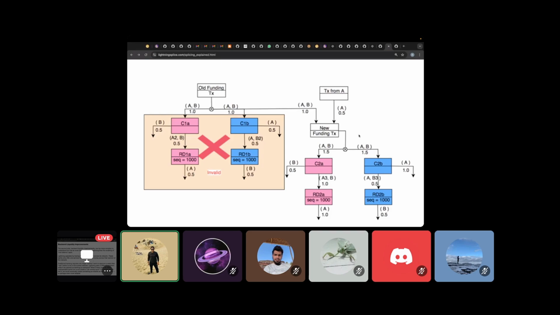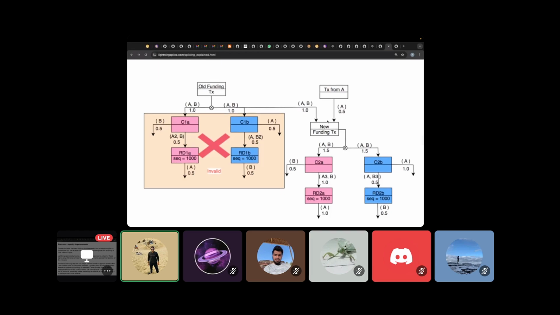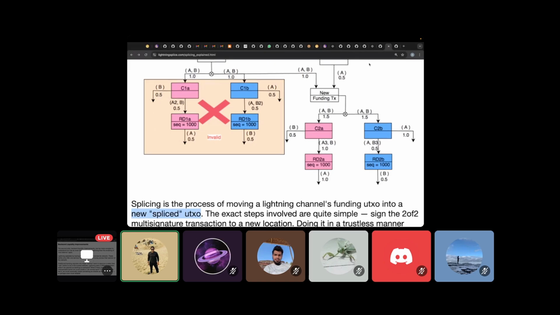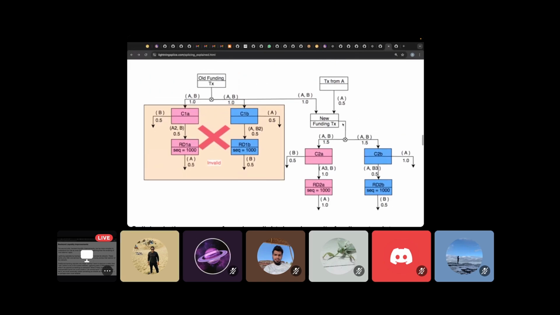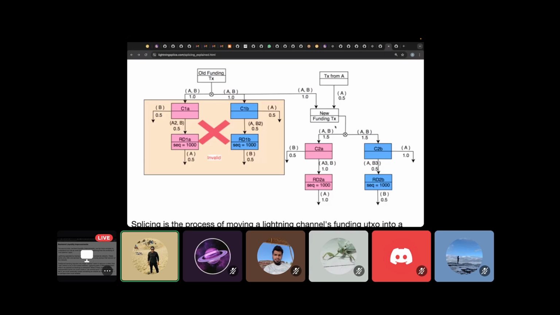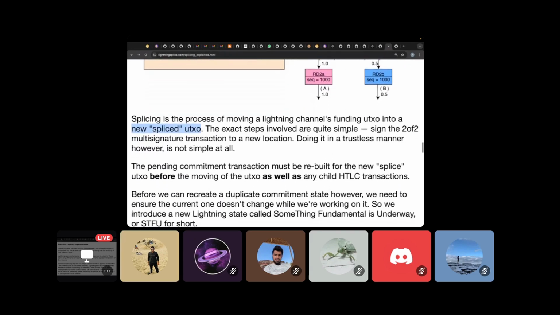There are also messages to RBF this transaction. Imagine if you created a transaction but the fee rate was too low or it didn't go through the blockchain, so you can RBF it as well. We'll have a look at all the new messages that are introduced for splicing as well.